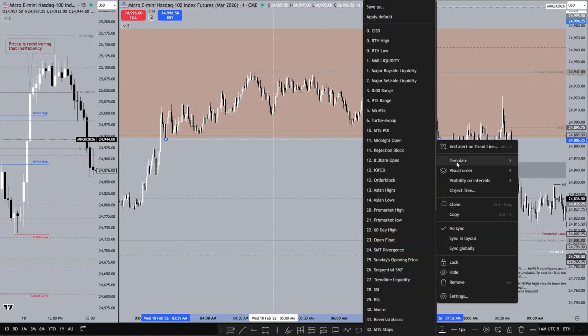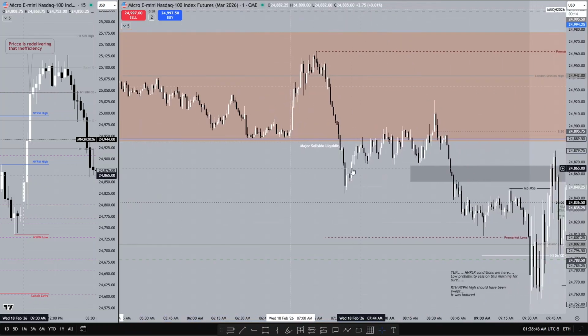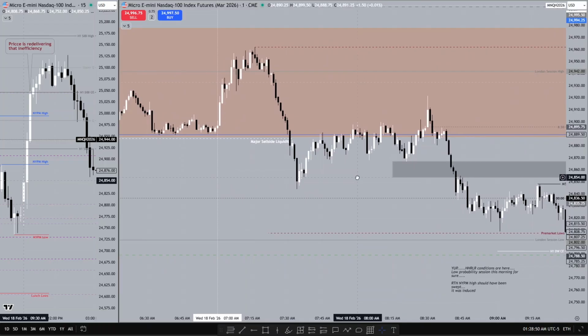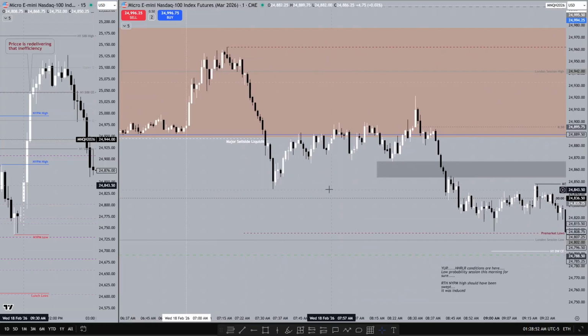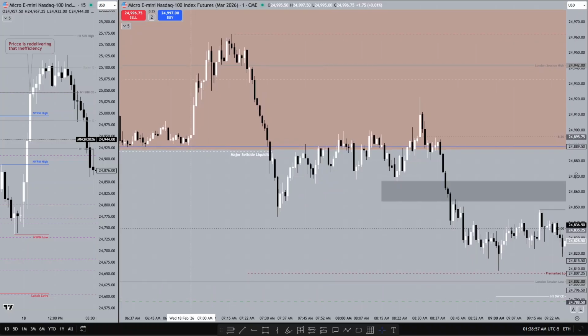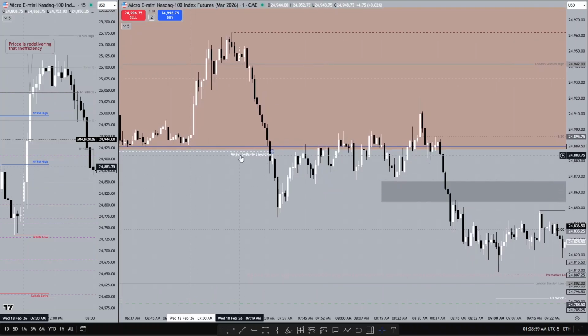So right there, I could call that a major source of liquidity going into the pre-market session. So in the pre-market session, I'm focusing just on the buy side, which is London highs, London lows, this major sell side, and then maybe Asian lows if it gets animated.